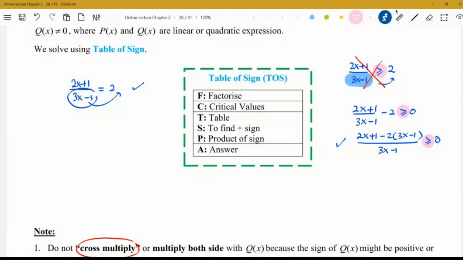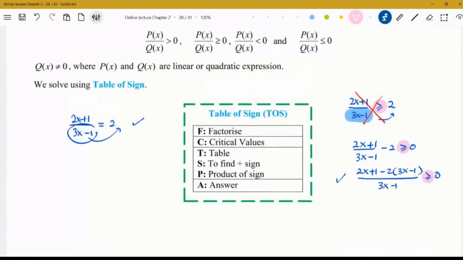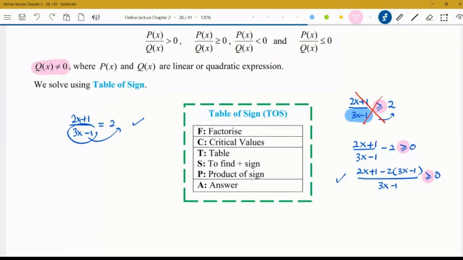Okay, ada limitation untuk X di bahagian bawah. Sebab bahagian bawah tak boleh sama dengan kosong. So kalau kamu pindah point di atas, nanti kamu akan jump towards X adalah kosong. So salah lah dari segi konsep. Okay, alright, so that's the idea for rational inequalities.